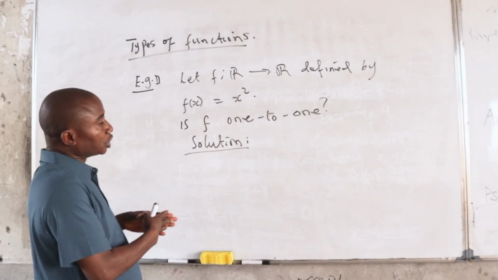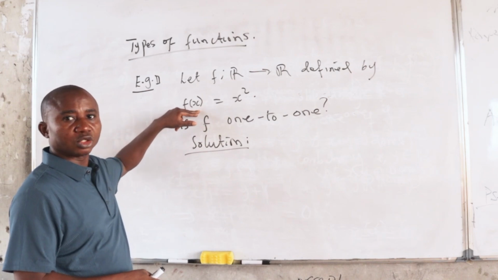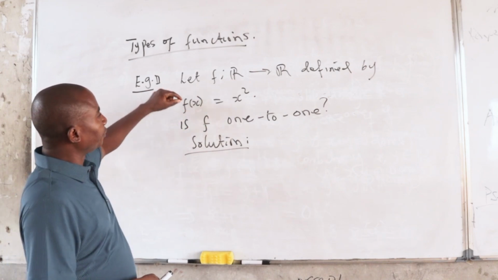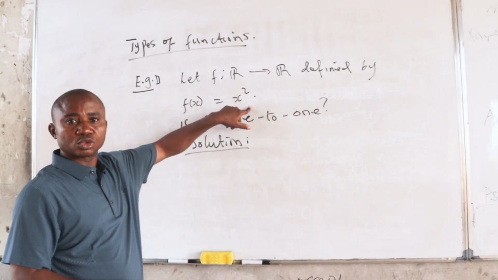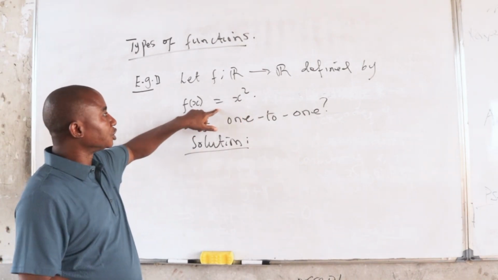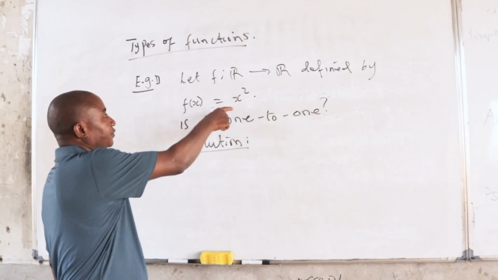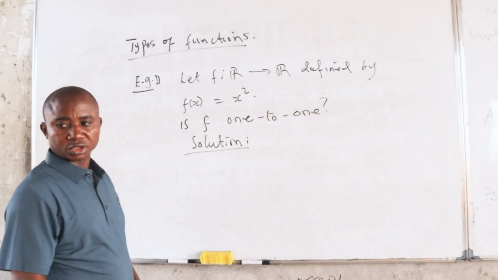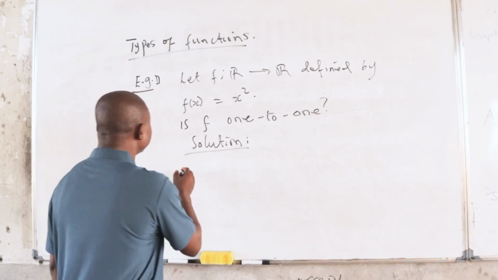If we're able to produce such elements, it is a way to show that this function is not one-to-one. Or we can go direct to check whether it satisfies the definition of one-to-one function. If it does not satisfy that definition, it is also a way to show that this function is not one-to-one. So I quickly do one of them.